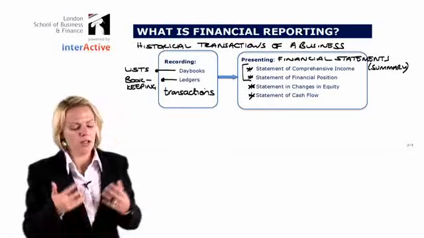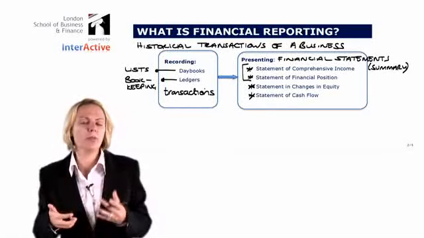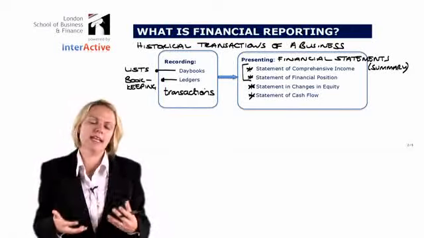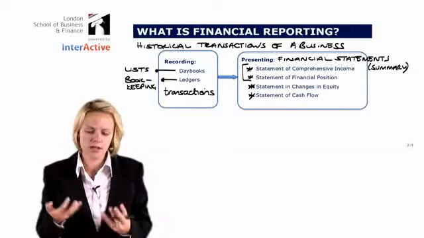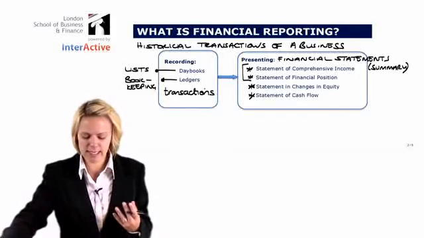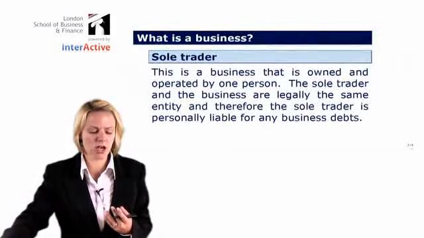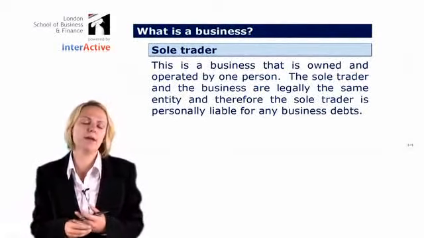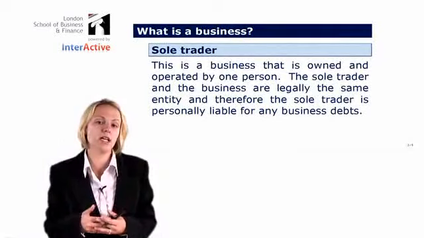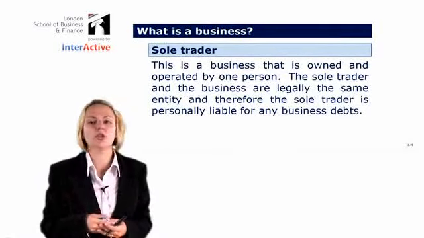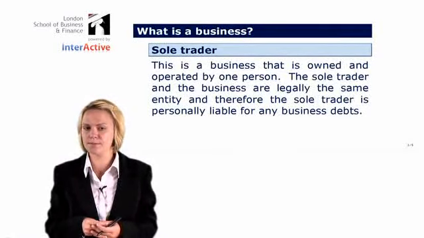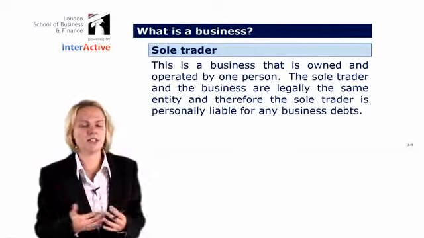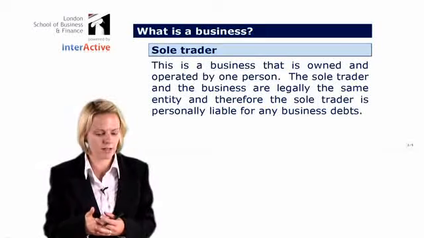Now, what sort of businesses would we need to present information for? Well, within the F3 syllabus, there's 3 main types of business that we may be asked to talk about, and some of these businesses you would be asked to prepare accounts for. Now, the first type of business is a sole trader.